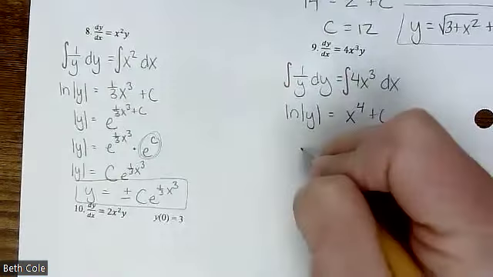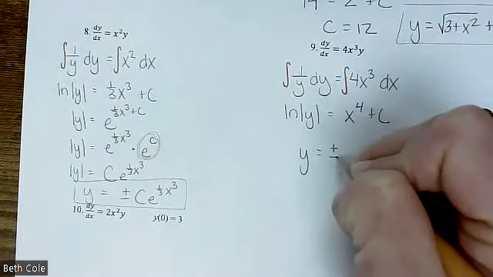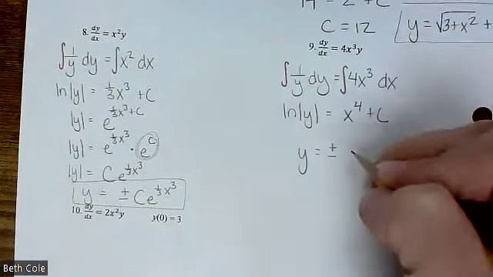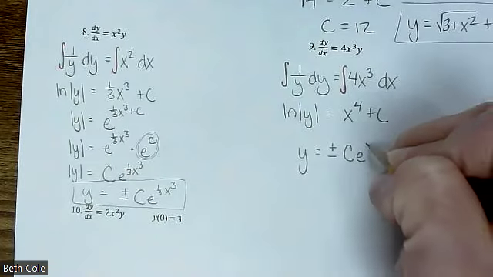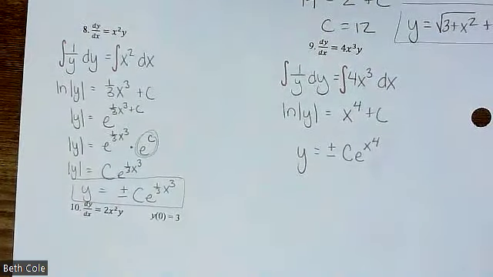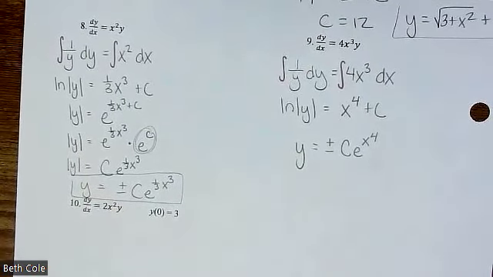So it is going to be y equals, I'm going to skip it all. We're going to jump straight to the answer. Plus and minus c e to the power x to the 4th. There, as long as you understand where it comes from, you don't have to write out all those steps. You can jump to it. And it's the PERT formula.